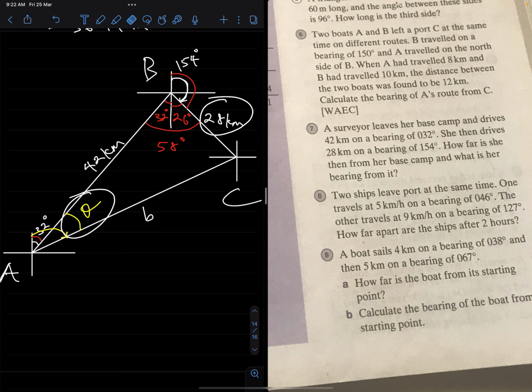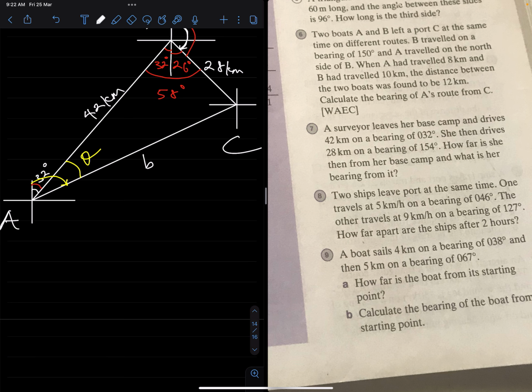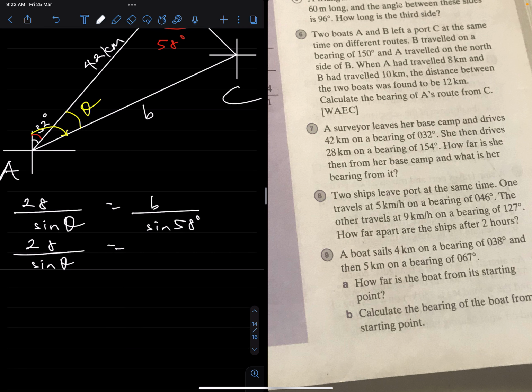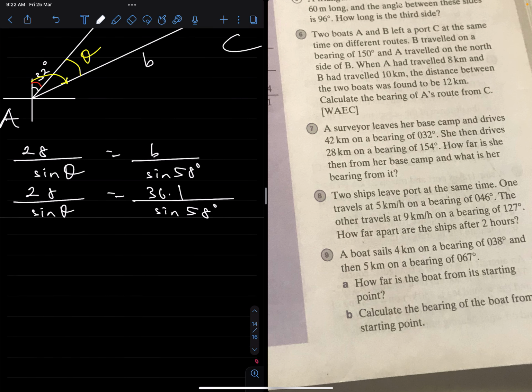Yeah, that's the sine rule. 28 over sine theta equals b over sine 58 degrees, and I already know b. That simply means 28 over sine theta equals, what's b? 36.1. 36.1 over sine 58 degrees.